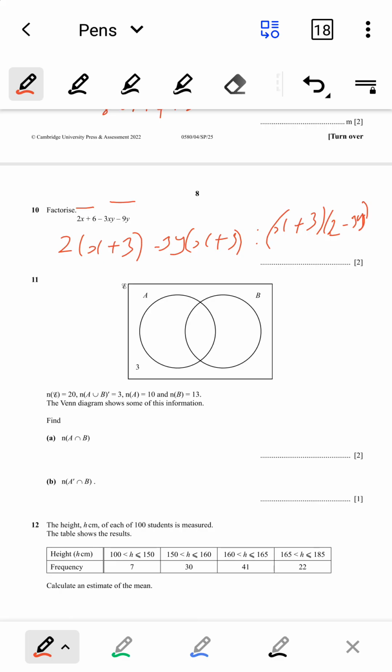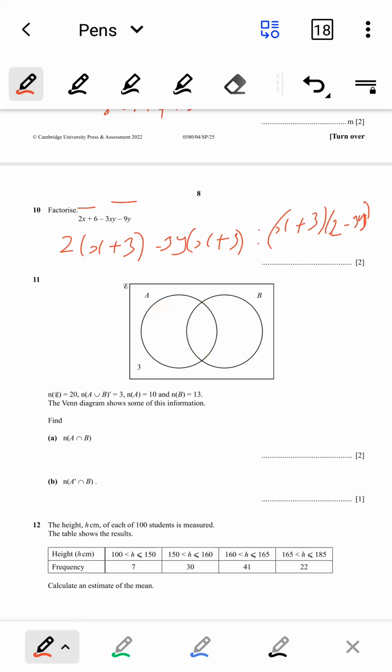When you add A union B, excluding the complement 3, you have to subtract, so 17 will be coming. A union B is 17 because already 3 is outside, out of the overall 20. Also N of A must be 10, and N of B is 13.